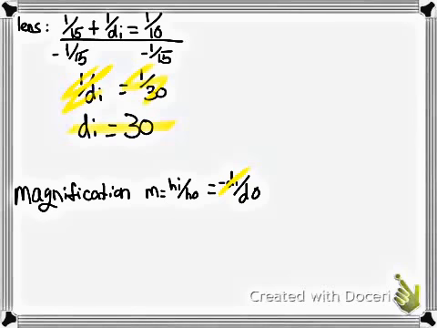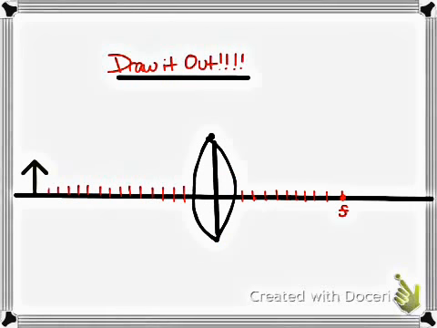So let's work with what we got. It's negative 30 divided by your d_o, which is 15, and your magnification is equal to negative 2.